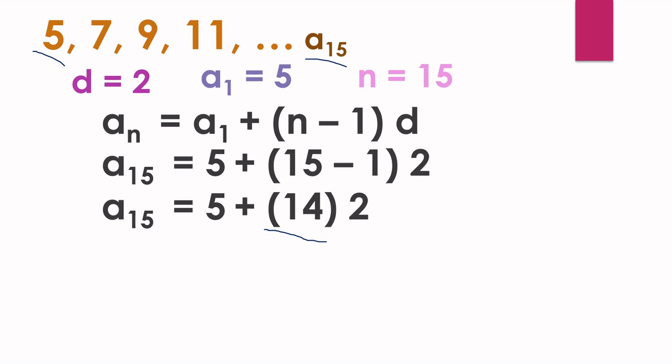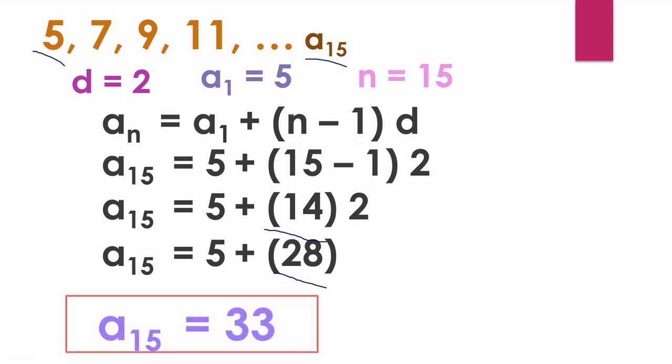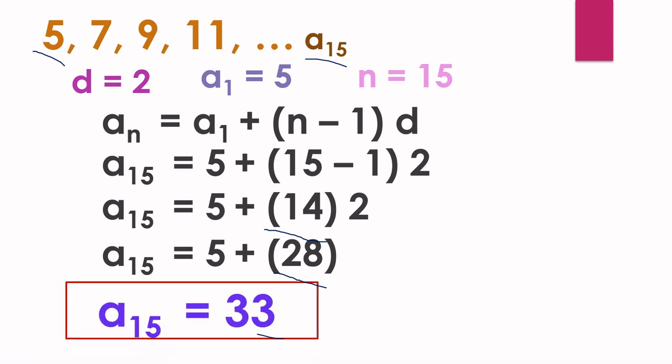Next is to multiply 14 and 2. That's why we have 28. And from there, we add 28 to 5, which is the first term, and that is equal to 33. Therefore, the 15th term of the arithmetic sequence is 33.